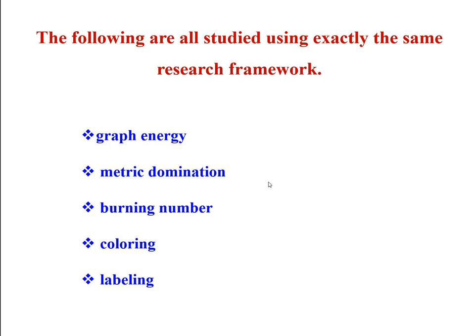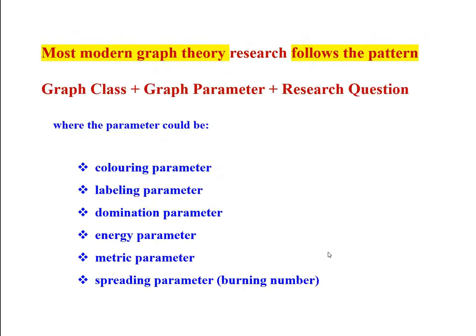So graph energy, metric dimension, burning number, coloring, labeling, even pebbling. All those are emerging topics. You can use a somewhat similar research framework to do research on these topics too.